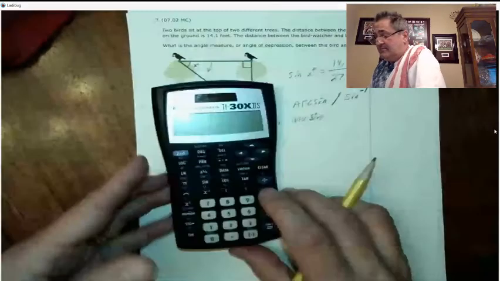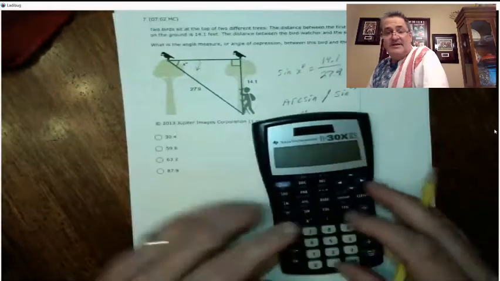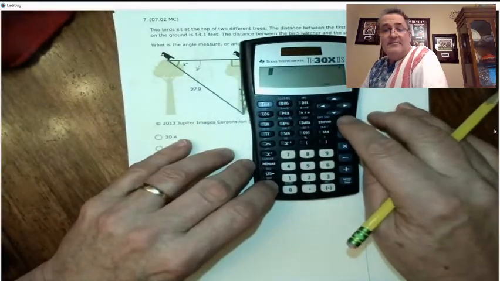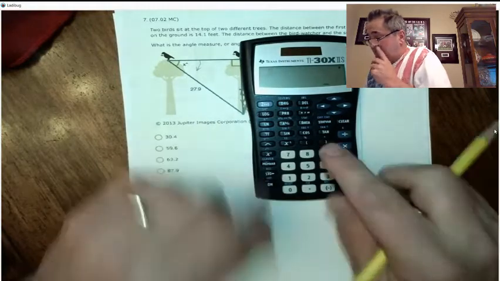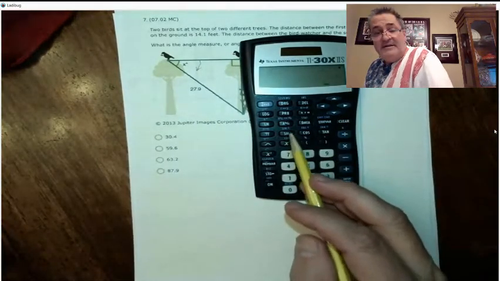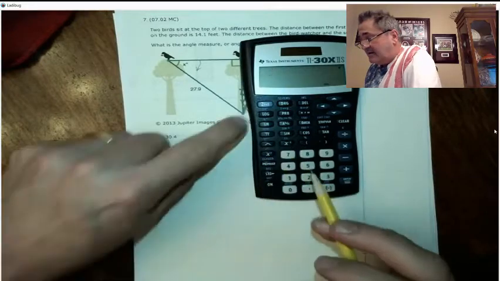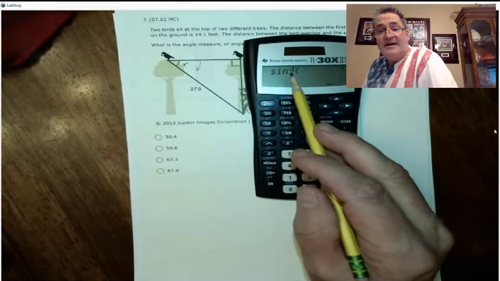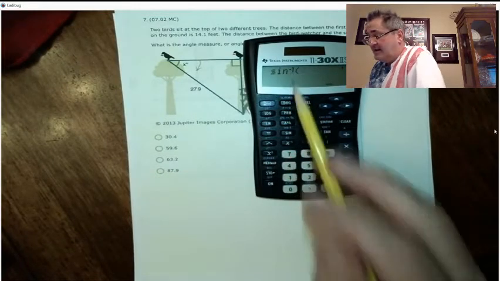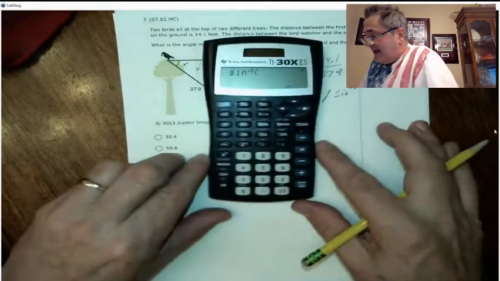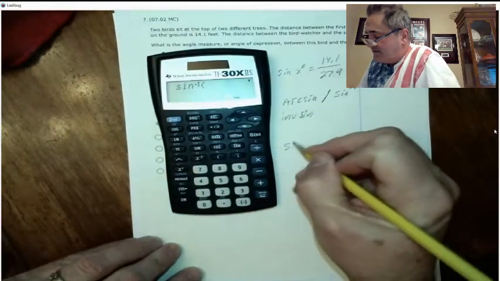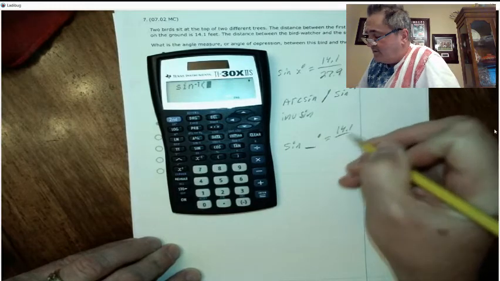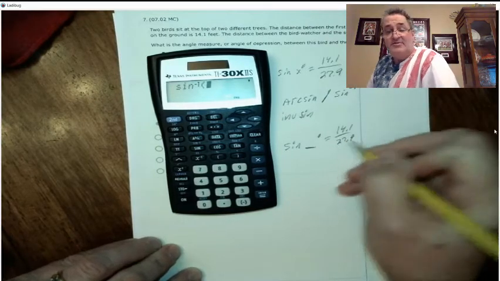So I can go to my calculator. Let's turn it on. All right, clear. Here's the sine button, but above it there's this second button. If you use the second button and hit the sine button, now see, it's got the little -1 up there. The inverse sine of what? This is when I know the answer. I know the sine of something equals 14.1 over 27.9. I just don't know what the angle is.